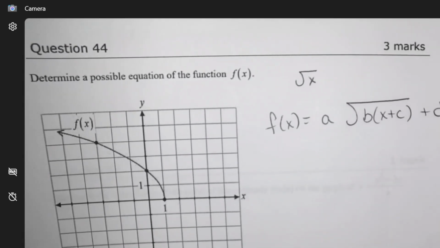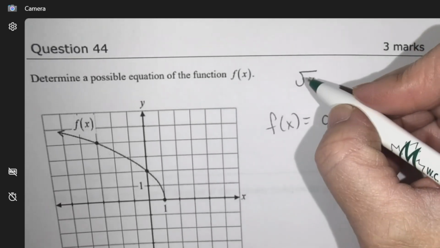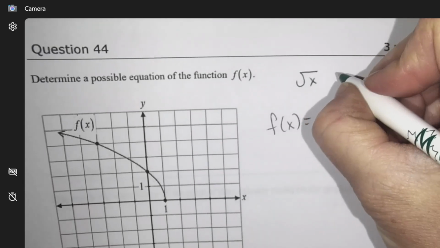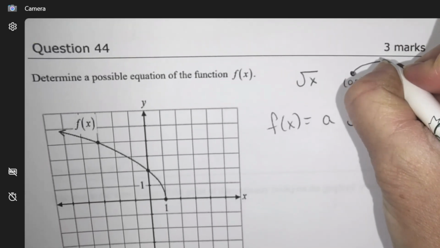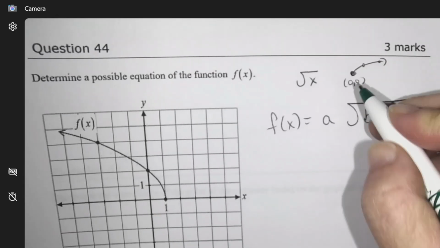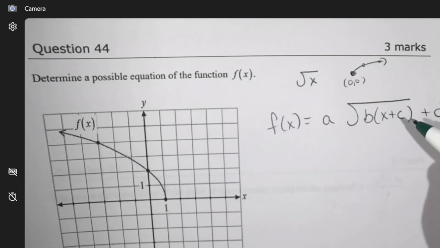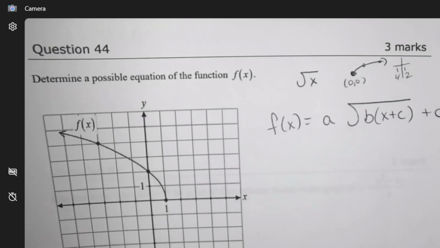Okay, so this is kind of what we're doing. We're doing a radical. Let's see where we want to put stuff in. What does a normal radical do? Okay, so a normal radical starts 0, 0. A normal radical does 1, 1, 4, 2, right?